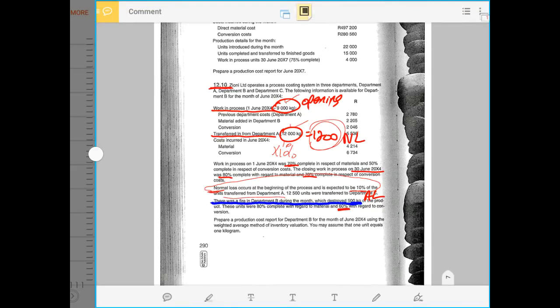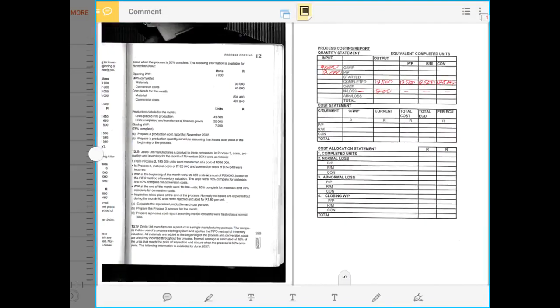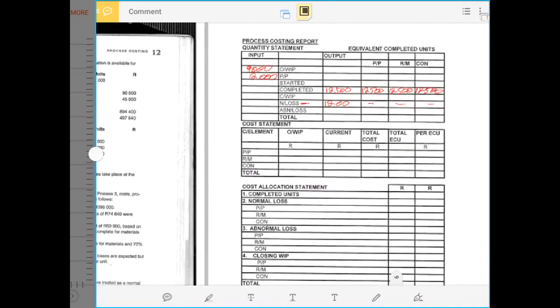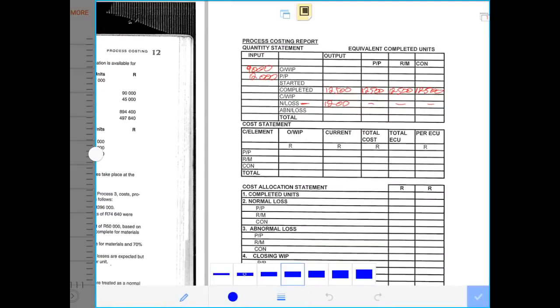So that is abnormal loss, and abnormal loss will have to be recorded throughout in all the columns. We record this under the abnormal loss. This will be 500. Then it will also be 500 under the previous process, because these units were already done in terms of the previous process.